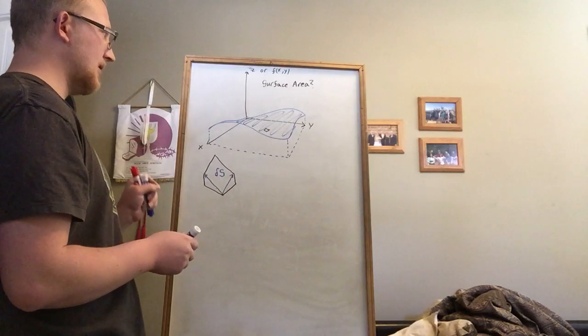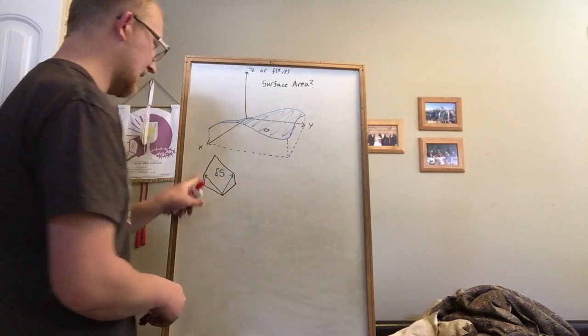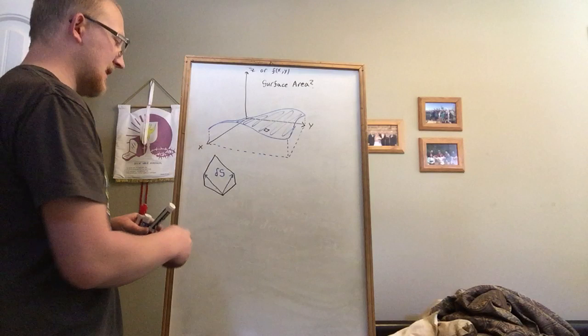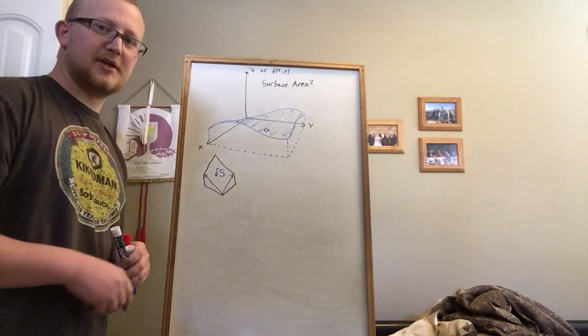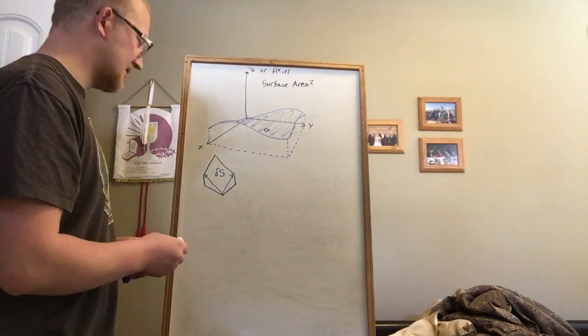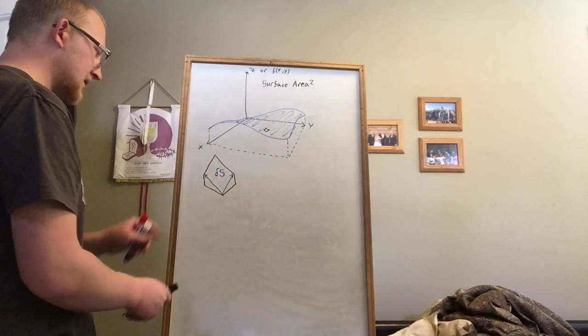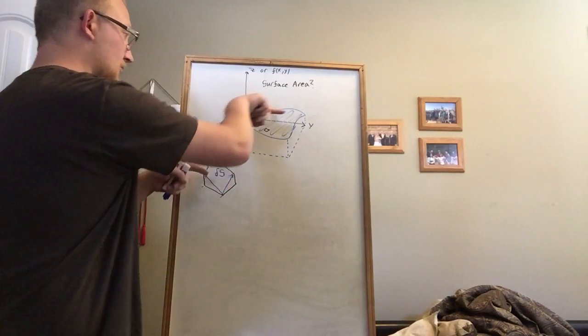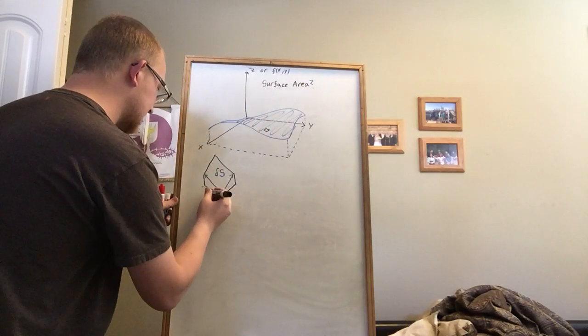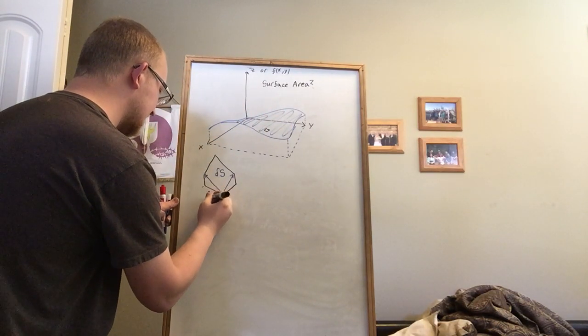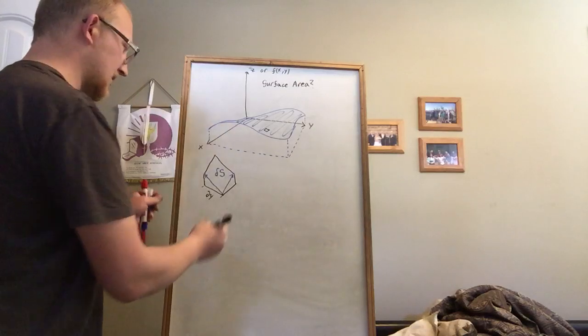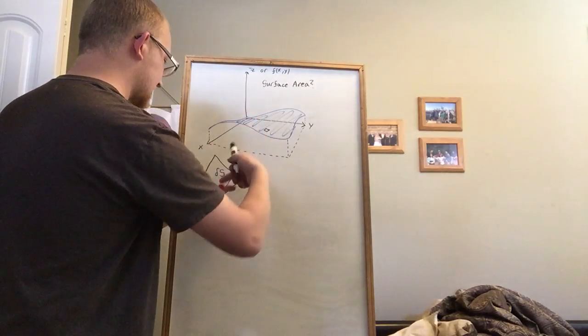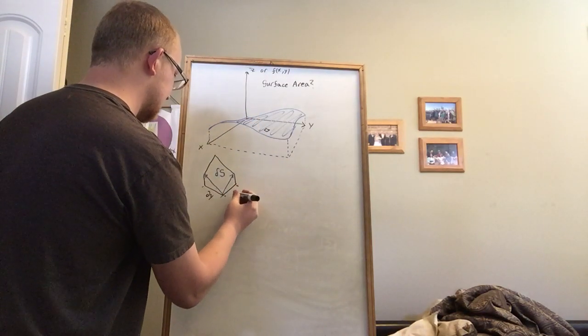The first thing I want you to notice about this element is that it has rates of change in different directions. For example, this is in the y direction, so we're going to call this little part of the element dy. Likewise, this is in the x direction, so I'm going to call this dx.